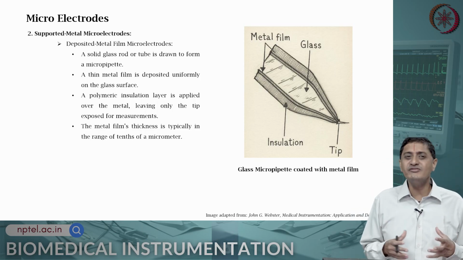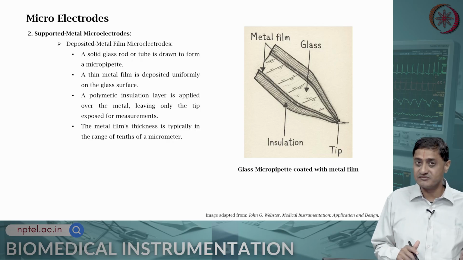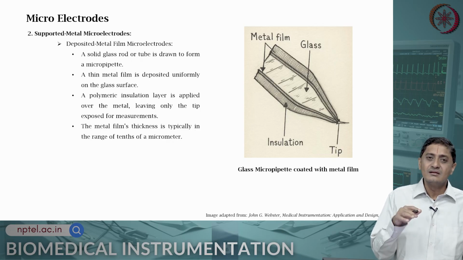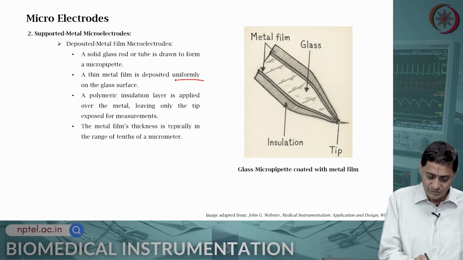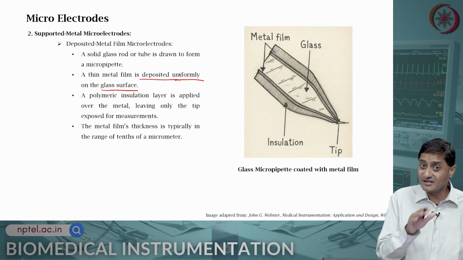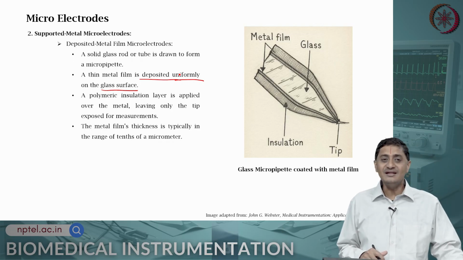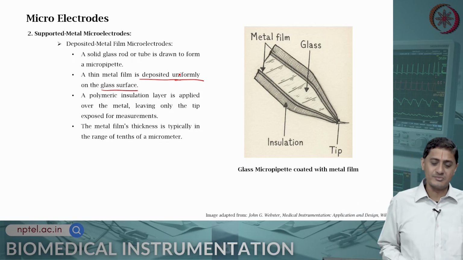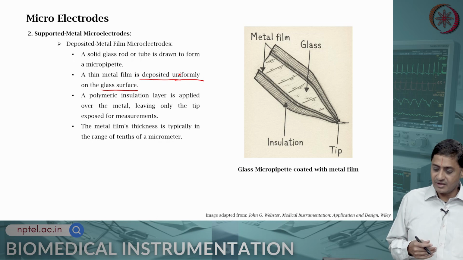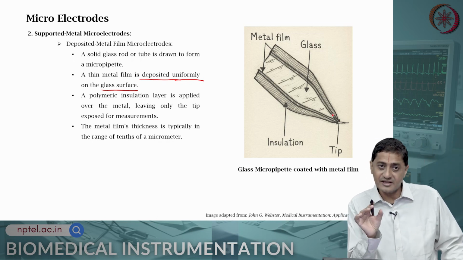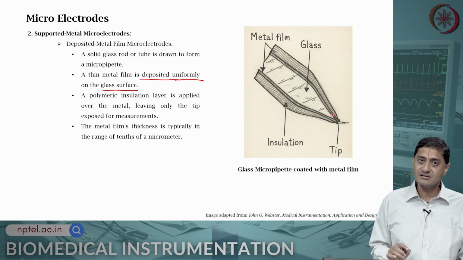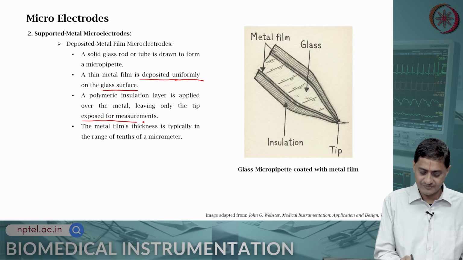Again, this uniform deposition is hard to achieve. Coating or deposition on the surface of the glass. Then you insulate it using a polymer. Now what you have, and then only the tip alone, you expose that as the recording tip, only the tip that is exposed for measurements.